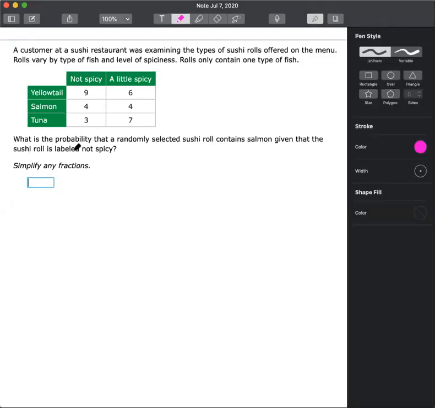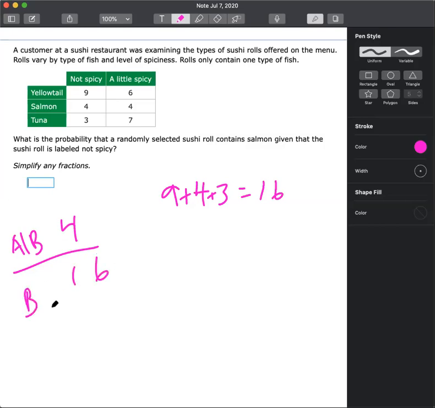So we have 4 on the top for not spicy salmon. So that's going to be A and B. And then given sushi roll is not spicy, so we're looking at all the not spicy. So we're going to be 9, 4 plus 3, let's say it's going to be 13, 16. So it's going to be 16. So that's event B. And that's going to reduce down to 1/4.